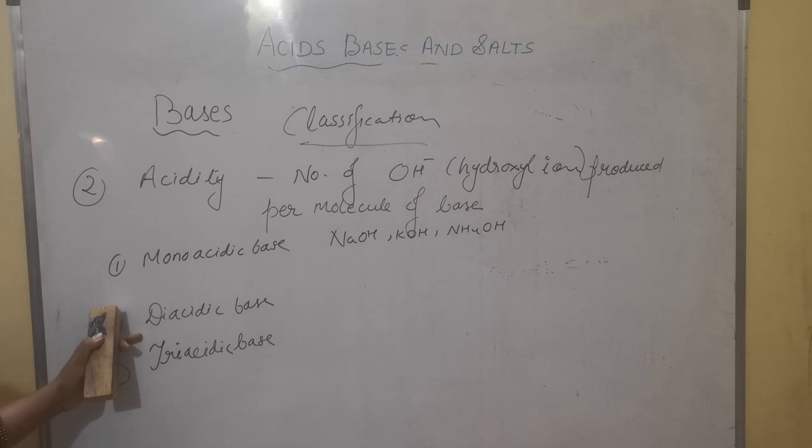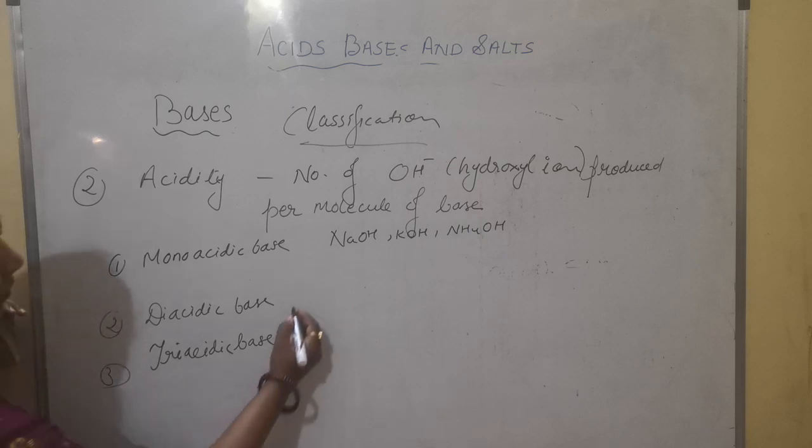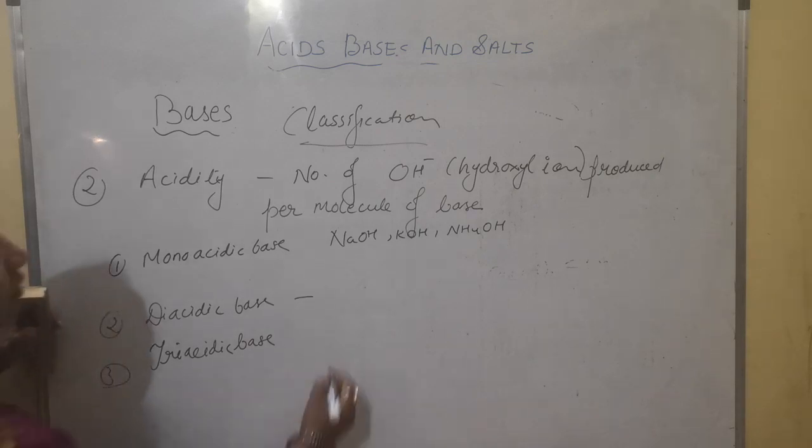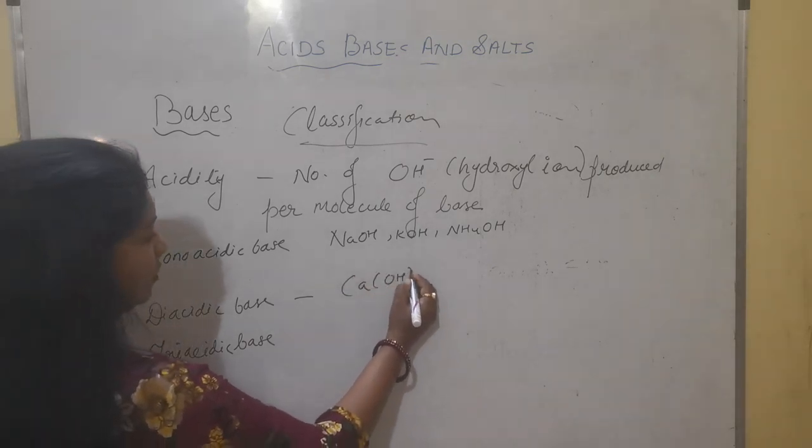And diacidic produces two hydroxyl ions per molecule of the base. Like calcium hydroxide.